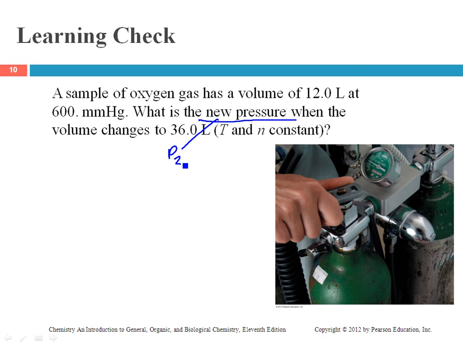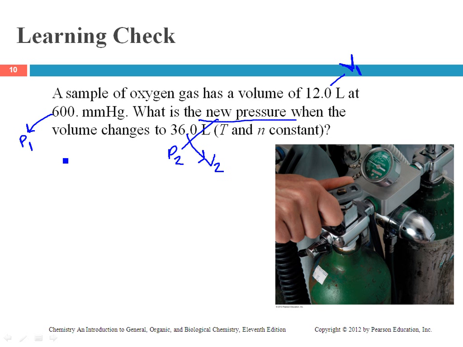The sample of gas has a volume of 12.0 liters, so that's our V1, at 600 millimeters mercury, that's our P1. We're changing the volume, so that's our V2. Knowing the law, we can make an assumption: we have an increase in volume, so we should expect a decrease in pressure.